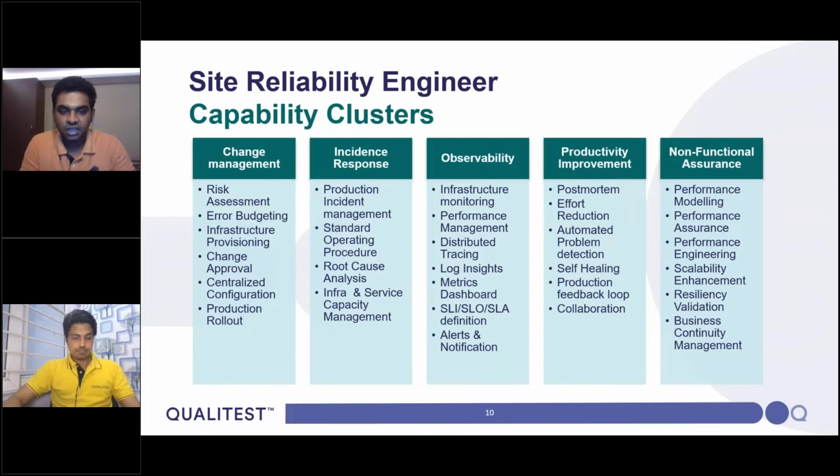If you look at these towers, most of these activities can be grouped into 5 skill clusters: predominantly change management, incident response, non-functional assurance, observability of your entire system, and how we improve productivity on a day-to-day basis. Like I explained earlier, change management is more towards identifying the risk of the current releases, streamlining the deployments, and anything that has to do with changes that can affect the stability of your system.